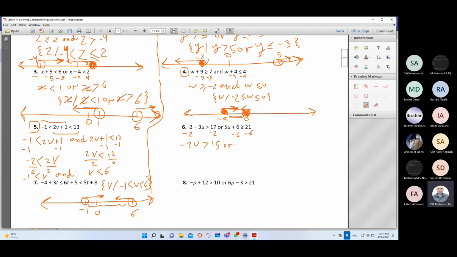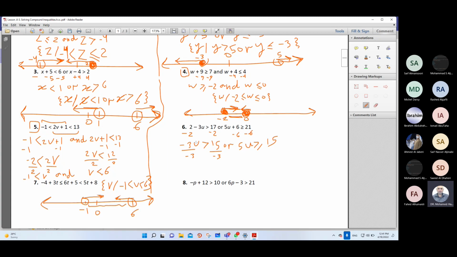Or here we have 5u greater than or equal to 21 minus 6 will be 15. Then here we want to remove -3 to keep the variable alone. We can divide the two sides by the same number. Divide here by -3 and divide here by -3.